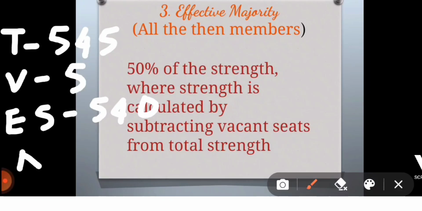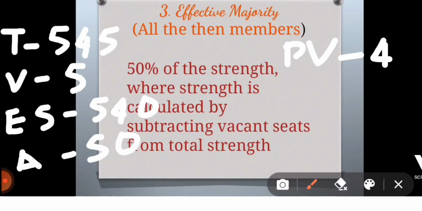Suppose there are 50 people. They are present but decided not to vote. So the members present and voting will be 540 minus this 50. That is, the number of people present and voting will be effective strength minus the number of people abstained to vote. That is 540 minus 50, which is 490.